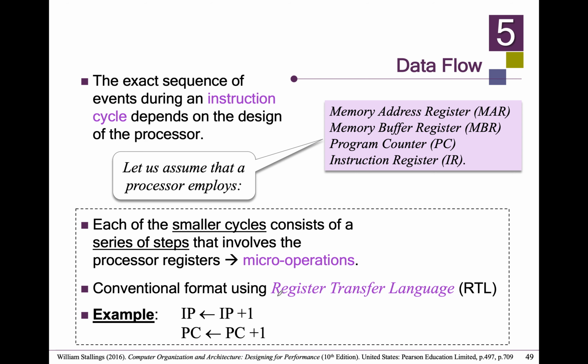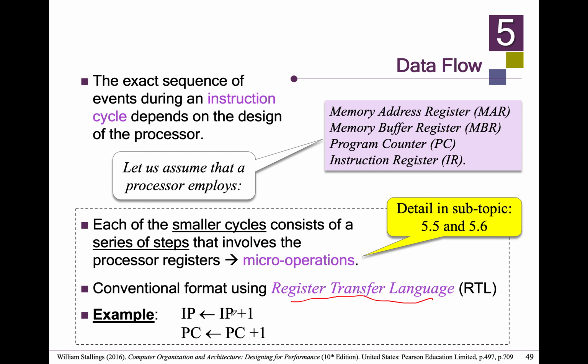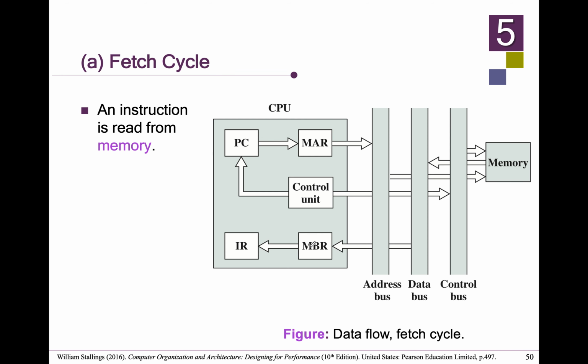Later on you're going to use this RTL, register transfer language, to transfer the value, because this is going to be explained in detail in 5.5 and also 5.6. So we're not going to go deeper in our 5.3 subtopic. This is just the introduction for you.